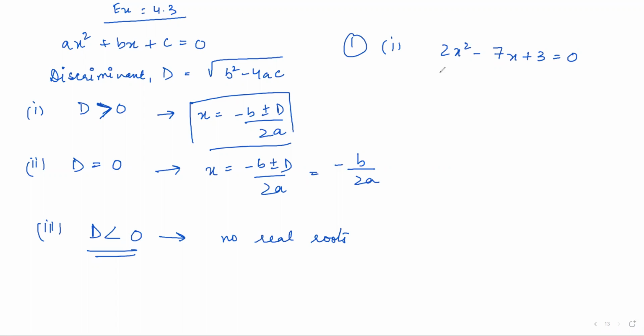Oh, I'm sorry. You have to use the method of completing the square here. Okay, so there's one more thing you have to see here. Method of completing the square. Sorry, before this, let's see one thing.